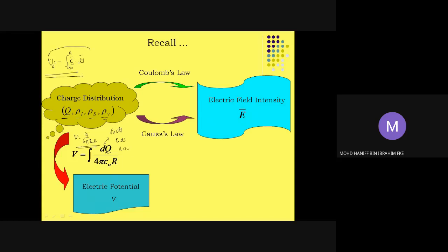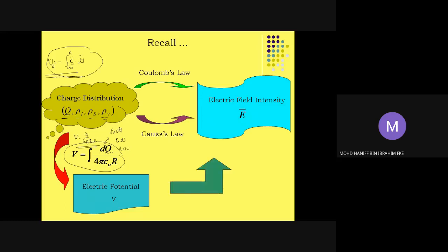Basically, this equation and the earlier equations are the same. These are two equations that can be used to calculate the potential, by using the charge distribution information. This is what we learned in chapter 4, lecture 8.